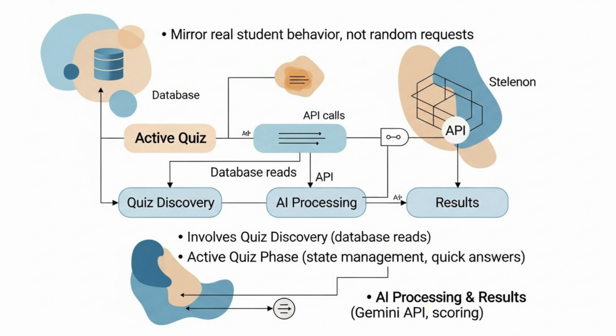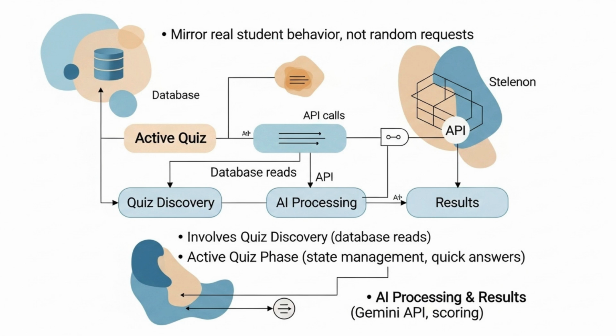And finally, the results phase, where scores are calculated and leaderboards are updated, often leading to database write bottlenecks. Each of these phases stresses different system components in unique ways, and by simulating them accurately, we gain a much deeper understanding of our platform's true performance characteristics under varied conditions.